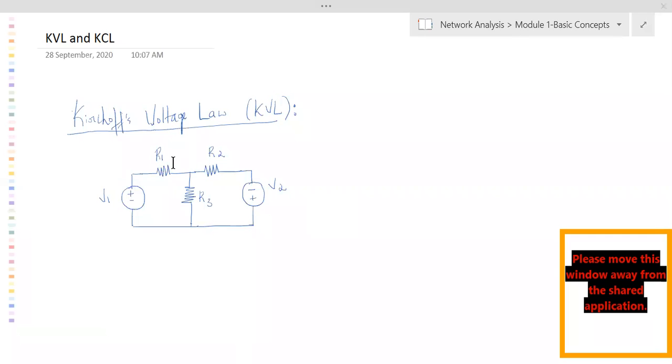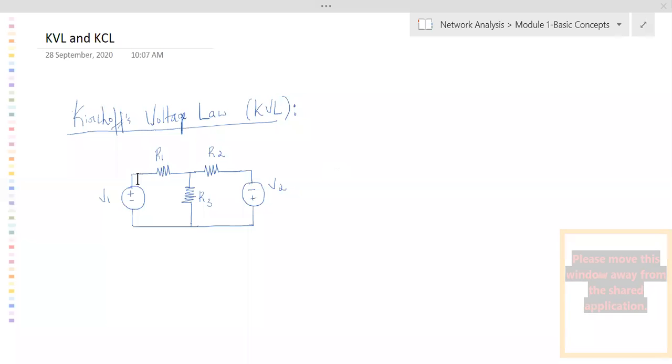Fine. Now listen here. These R1, R2, R3 are neither in series nor in parallel. Otherwise, we would have easily calculated the equivalent resistance between these two terminals. That is not happening. This is called a star connection. Understand that?